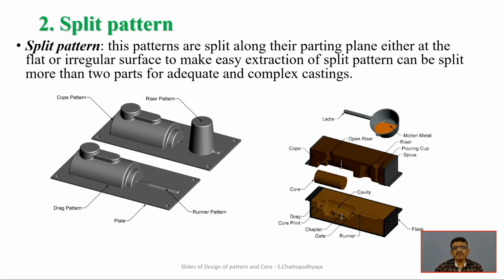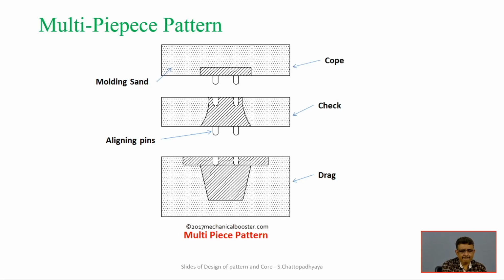And that is why the split strategy is done, so that it can be withdrawn without much hassle, without any damage to the intricate surfaces of those cavities of complex castings. So that is the main activity related to those split patterns. So one can see from the figure itself, all those split patterns are creating those cavities, and in these cavities the molten metal is poured by the ladle.